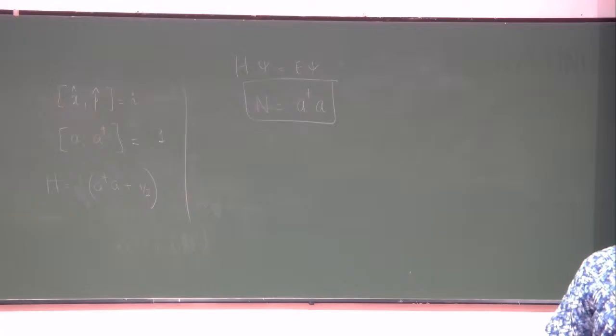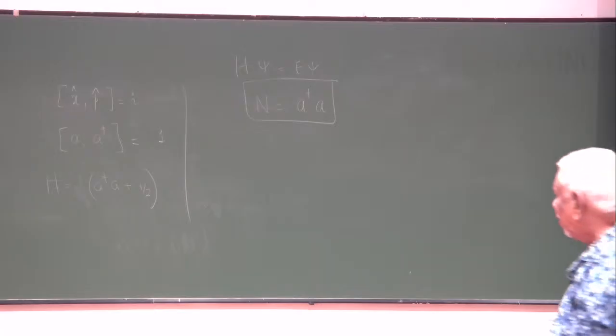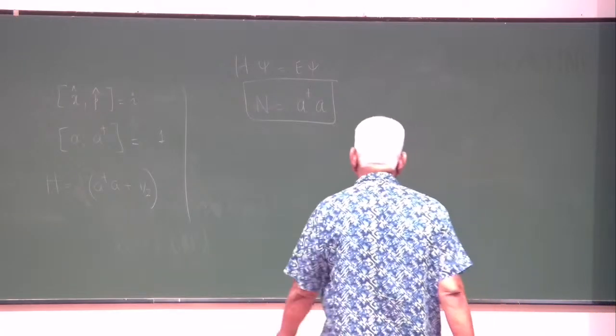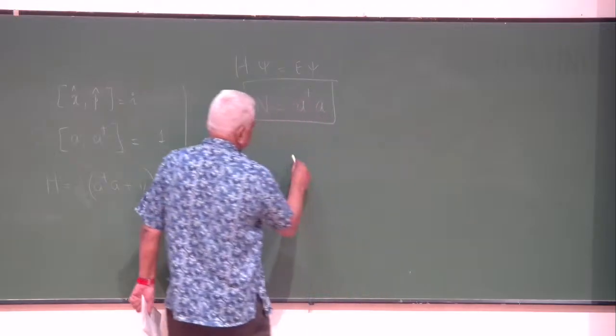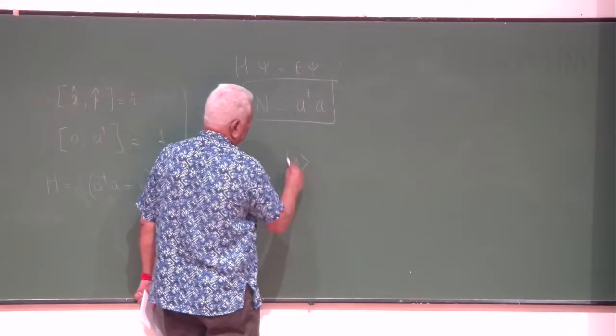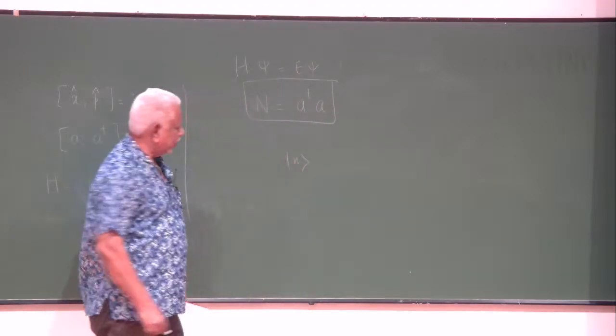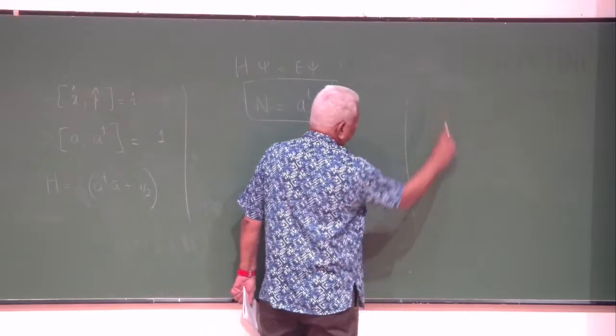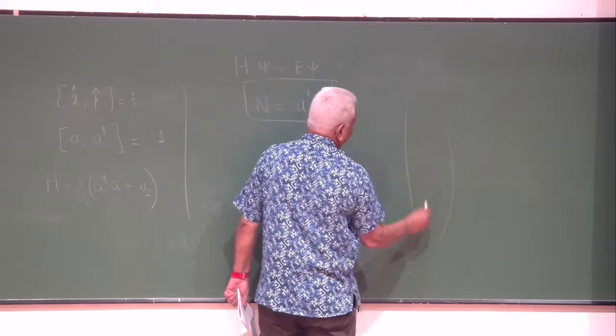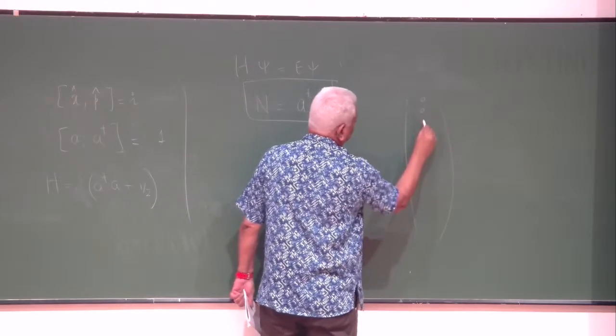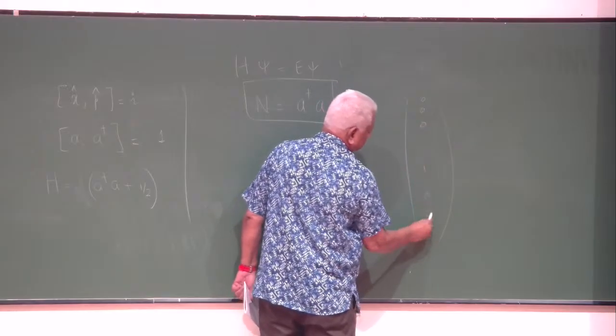So what you will find is, if you have some state, I will call it a vector n, which is something infinite dimensional: maybe 0, 0, 0, 0 and 1 here, 0, 0, 0.